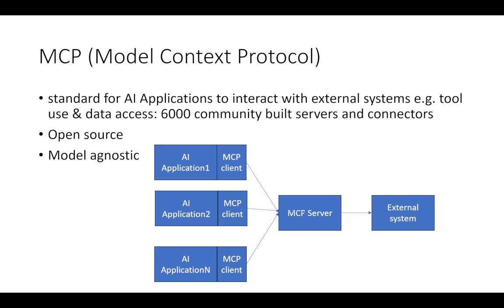Okay, so the key points of MCP being it's open source, so the protocol itself is open source, and it is model agnostic. So you can imagine that you have a system, right? And then you just put a MCP server on top of that, and then you open it up to any AI application out there in the world.